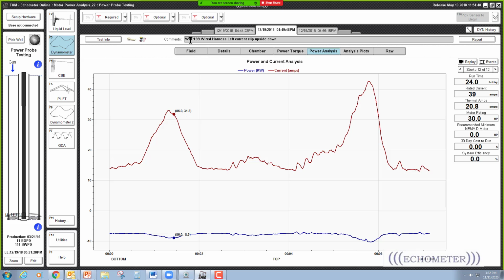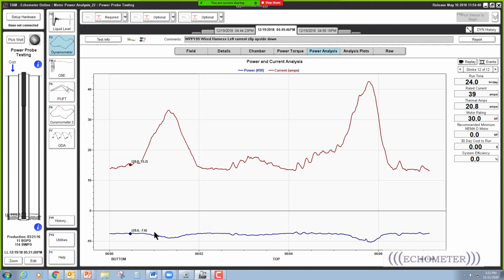Now, the left current clip is upside down. There are two current clamps, and the left one we turned upside down on purpose, and now the voltage is wrong. It should be two peaks and a valley in the middle.